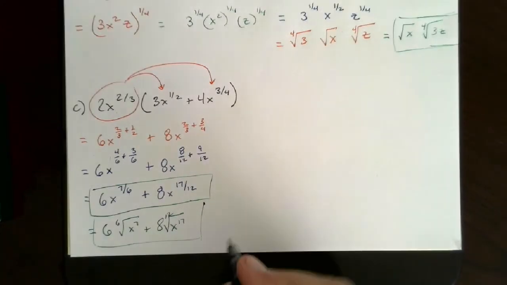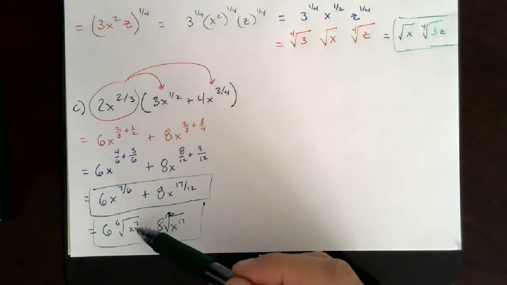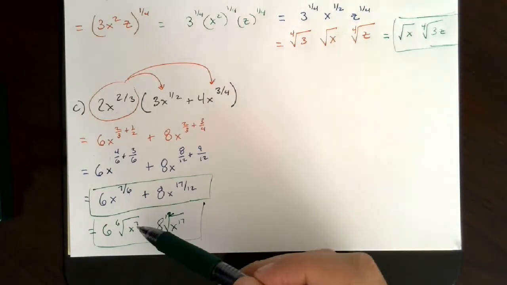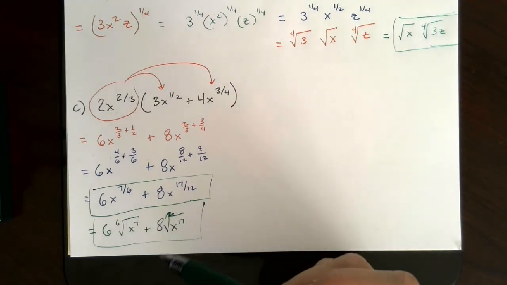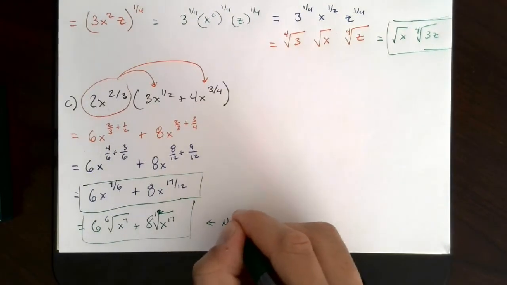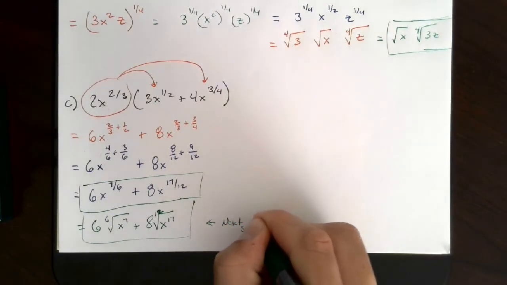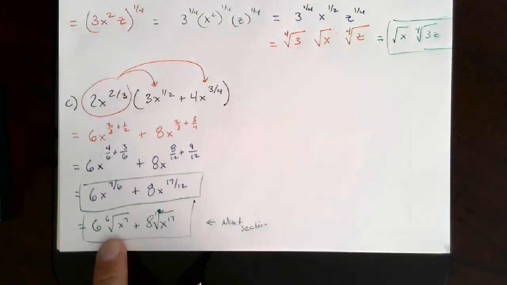Keeping in mind though that when you do this, and that's a 12 there, make sure it's clear. Keep in mind when you do this, later on we're going to simplify these. Whenever you see that the power inside of your root is higher than that of the index, you will be able to simplify these further. This will be coming up in the next section, so I won't get into it now. But that's where you would simplify it further.